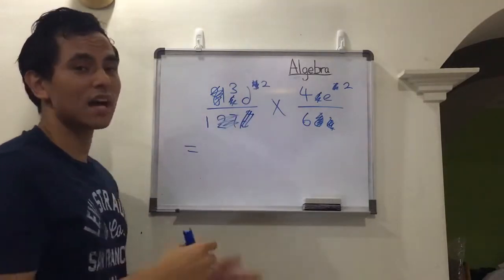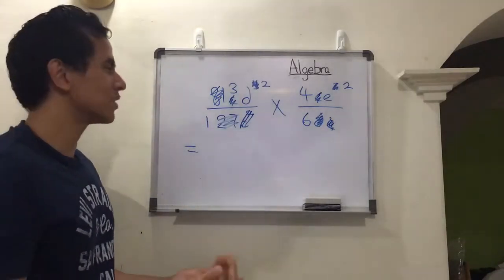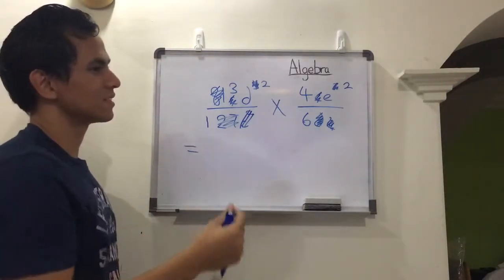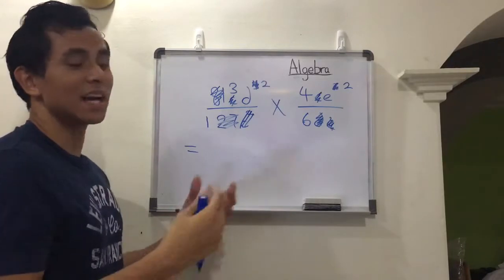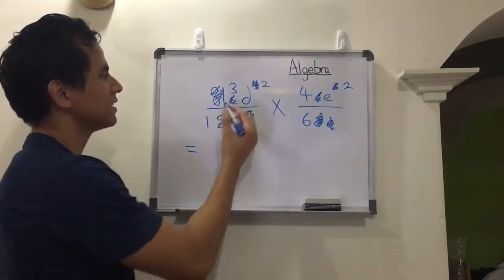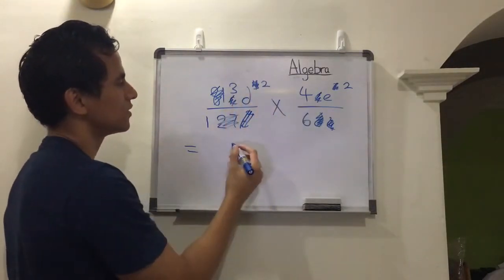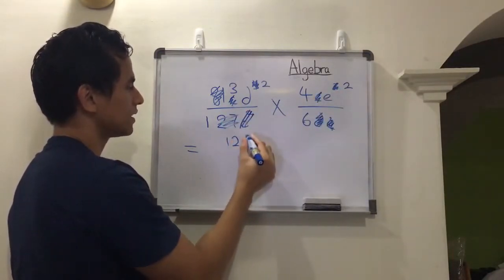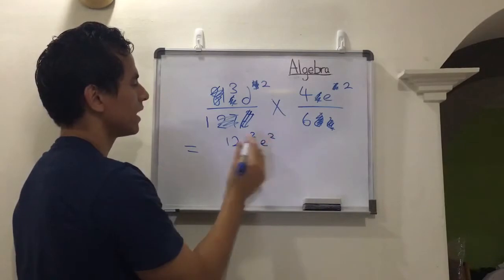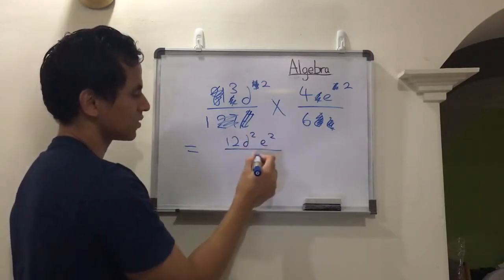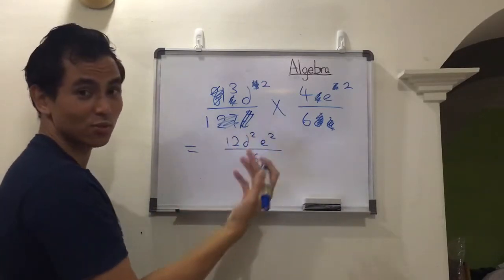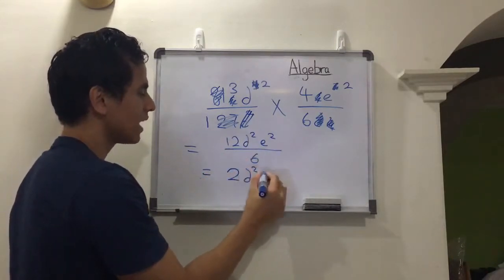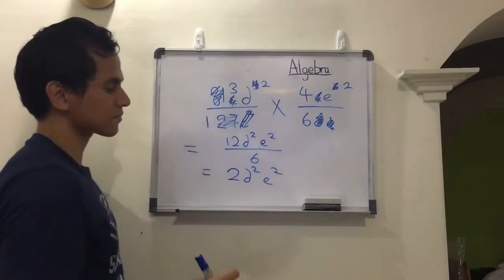It's fine also, it's how you want to do it. That's the whole beauty of this cancellation method. You don't have to cancel all, you can cancel just some, your choice. So 3d squared times 4e squared gives me 12d squared e squared, and 1 times 6 is 6. So now see, 12 over 6, I can do one more step. This just gives me 2d squared e squared.